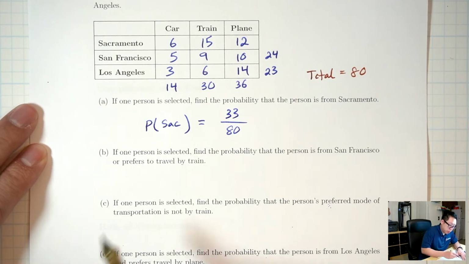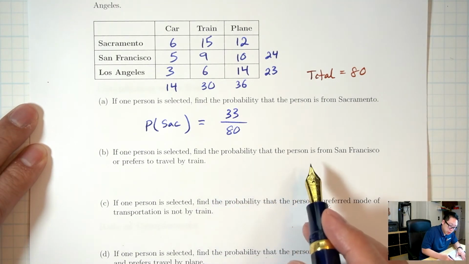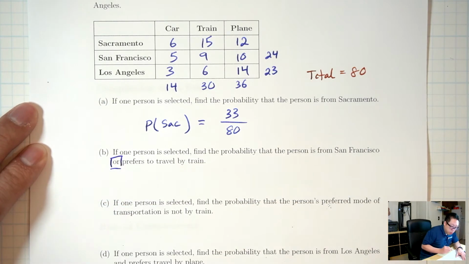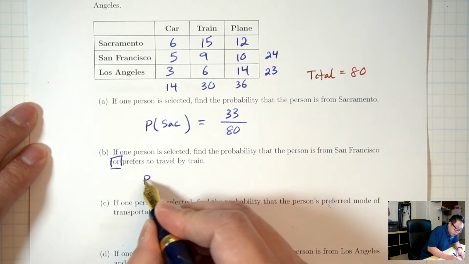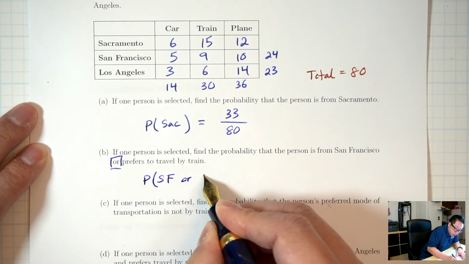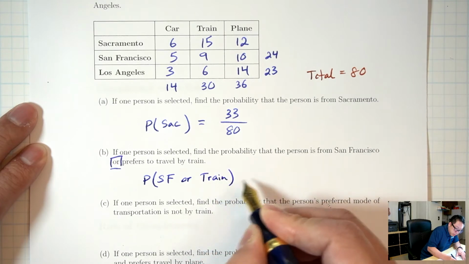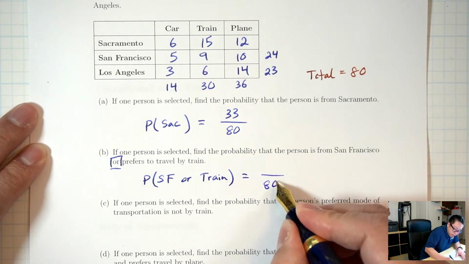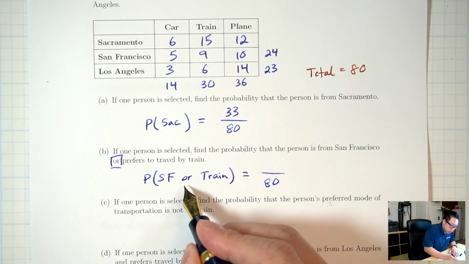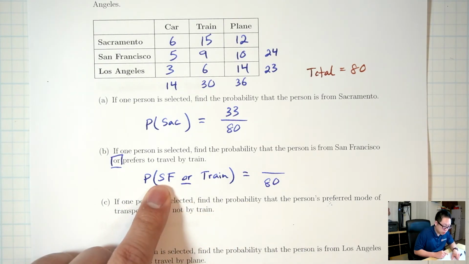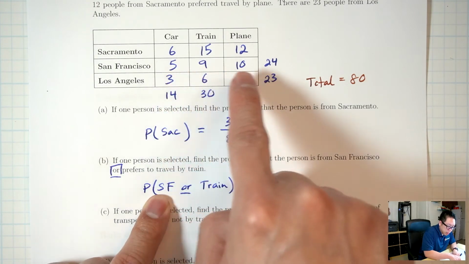Part B, if one person is selected, find a probability that the person is from San Francisco or, so here's a keyword, or prefers travel by train. So we're looking for San Francisco or train. Okay, bottom's going to be everybody, which is 80. And then remember, the word or means you're going to dump these two groups together. All right, so I'm going to take all my San Francisco numbers, which is 5, 9, and 10.